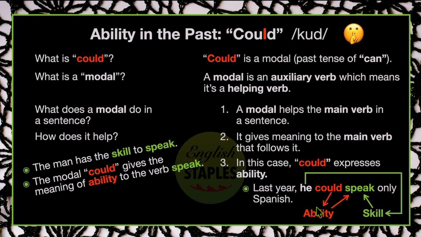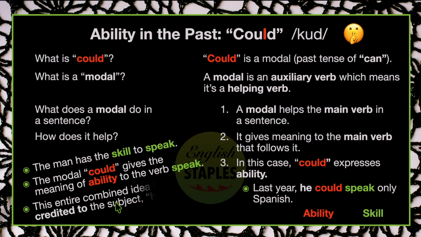Could gives ability to speak. You see that? So this entire combined idea, ability plus skill, is credited to the subject, he.